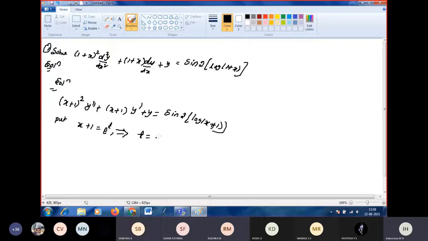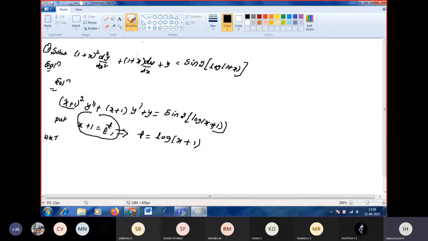Are all of you clear on this step? Instead of ax plus b, we have x plus 1, put it as e power t. Then from this equation, we got t is equal to log of ax plus b, that is log of x plus 1.